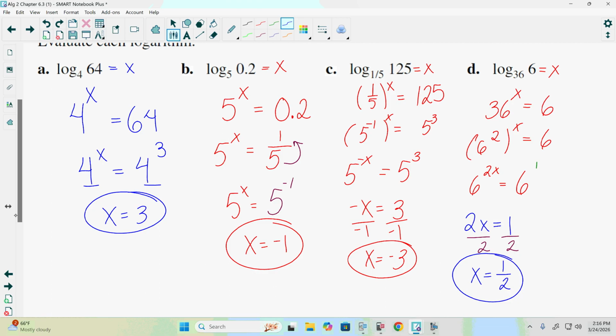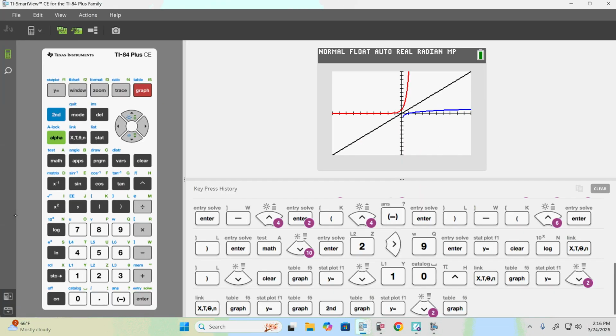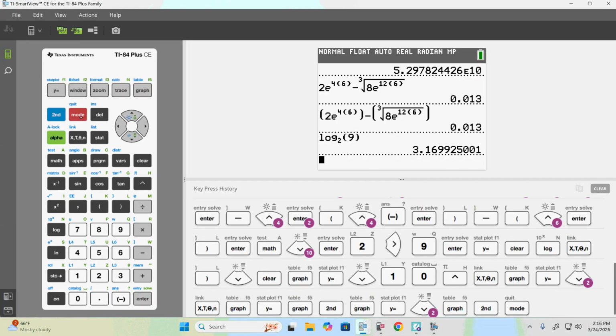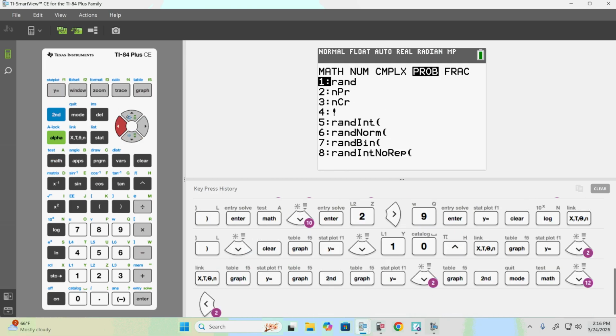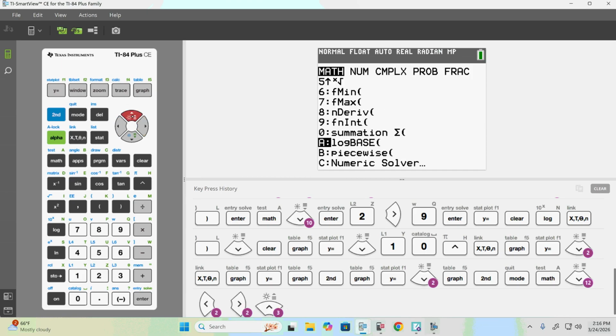And interestingly enough, the graphing calculator, we know, has a lot of nice things. If I hit math and scroll down, not where I wanted to go. One of the options that it has is log base.